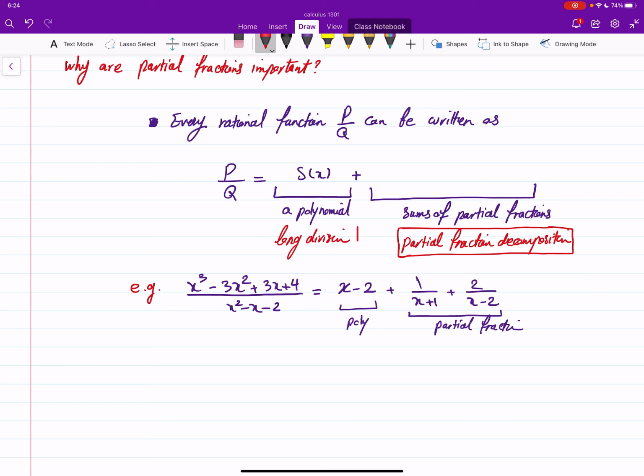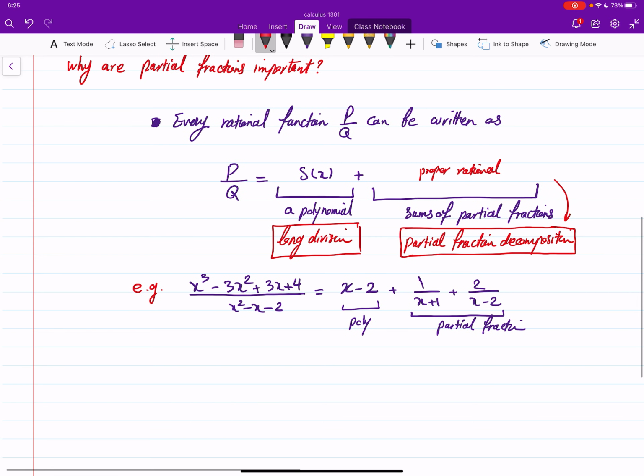So we will use long division to turn our rational function to a polynomial plus what's called a proper rational function, where the degree of the numerator is less than the degree of the denominator. And then there's a trick called partial fraction decomposition, that using that we can find these partial fractions, that when you add them you get that piece.